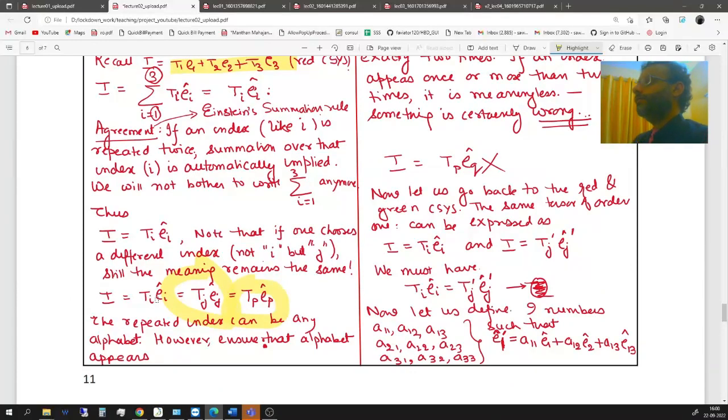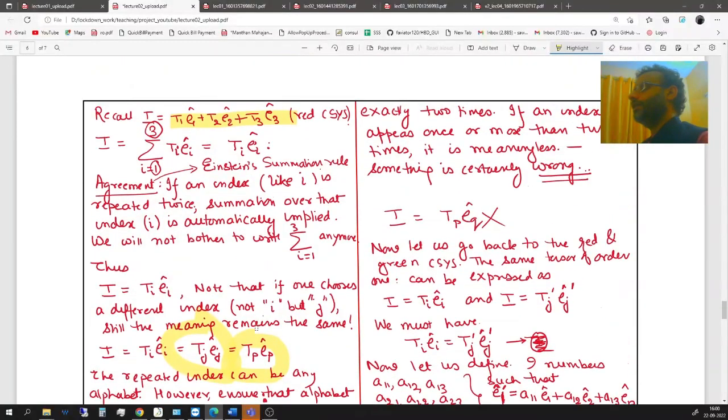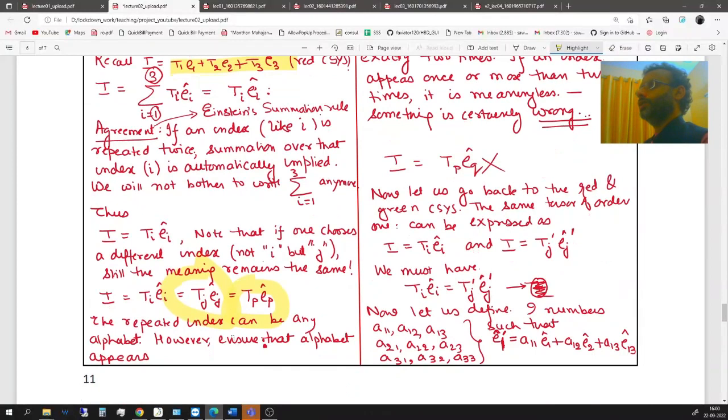Now note that if one chooses a different index, not i but j, still the meaning remains the same. So T_i E_i, since i is being repeated twice according to the Einstein summation rule that I just mentioned, means allow i to go from 1 to 3 and add all the terms which are generated together.